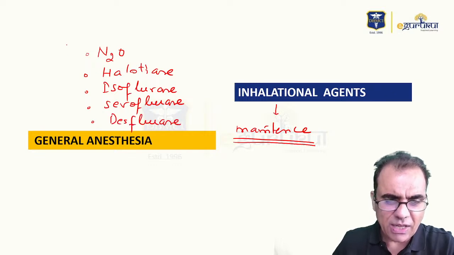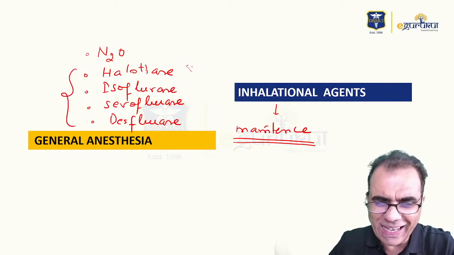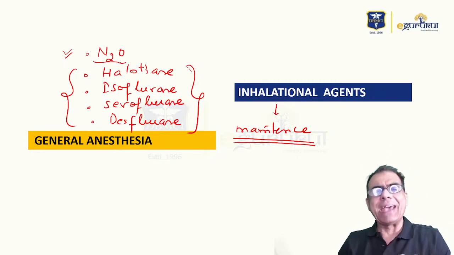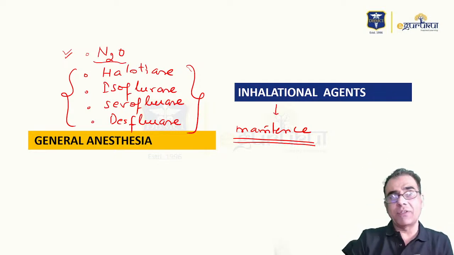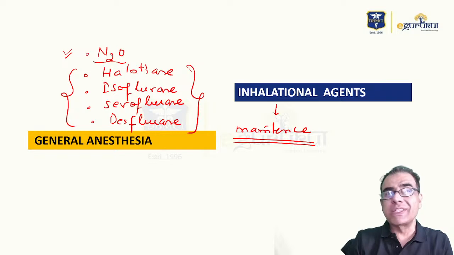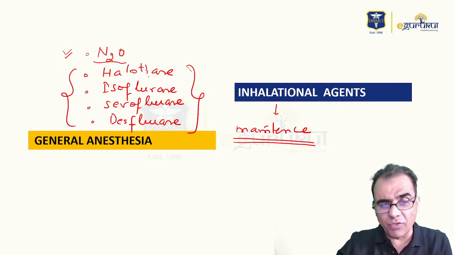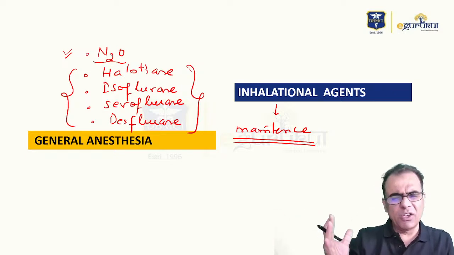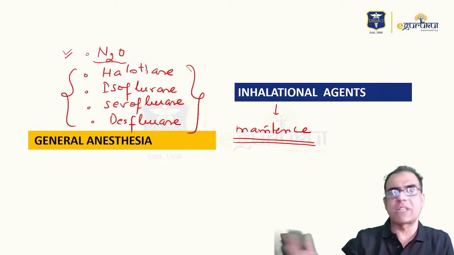So these are the 4 volatile agents which are being used, and one is nitrous oxide as a gas. And we have seen that normally we use 75% nitrous oxide, 25% oxygen, and one of the volatile agents. Whatever was used in the past, there is no need to waste time on that at all.